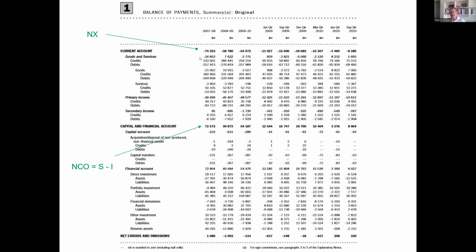That goods and services balance is net exports. That's why I want you to think of that as the most important part of the current account, even though it's not the major part of the current account balance. It's the more important, more interesting part, even though the current account is made up mainly of the primary income deficit.